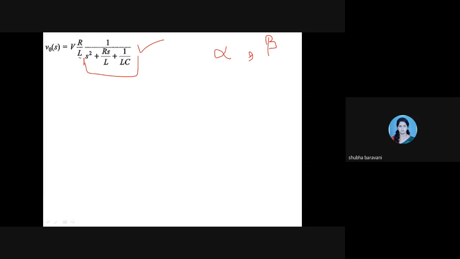It's a quadratic equation of order 2. How do you find the roots, a and b?